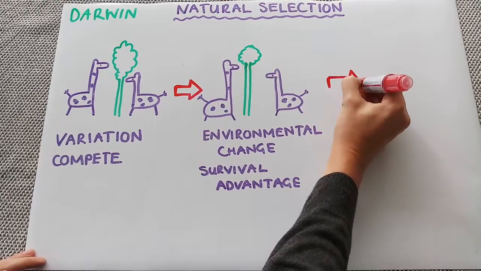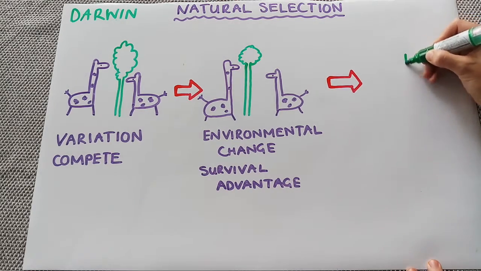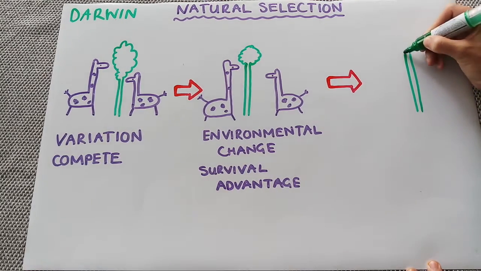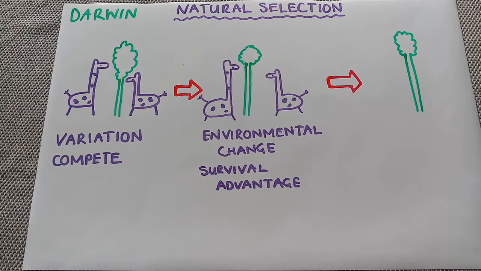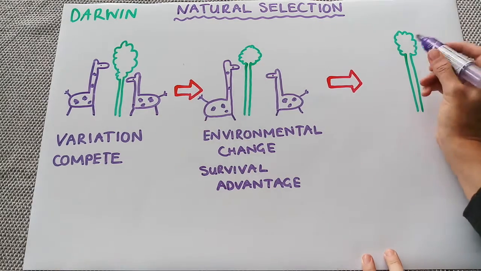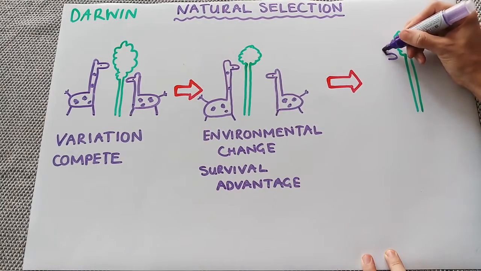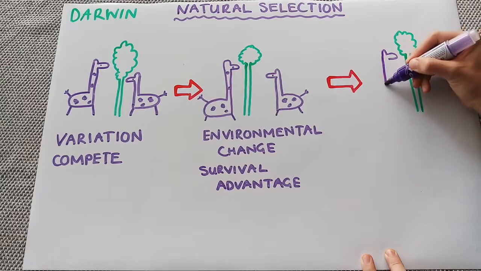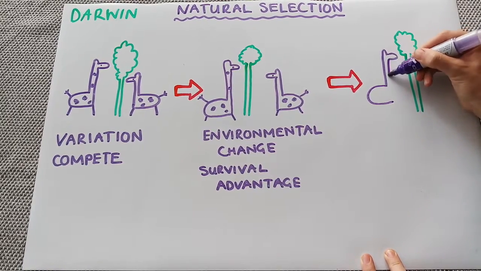This means that over time, we've still got our trees that have the leaves at the top of them. But now, because we've got these long-necked giraffes that have survived, they will then reproduce and they will pass on their characteristics to the next generation.